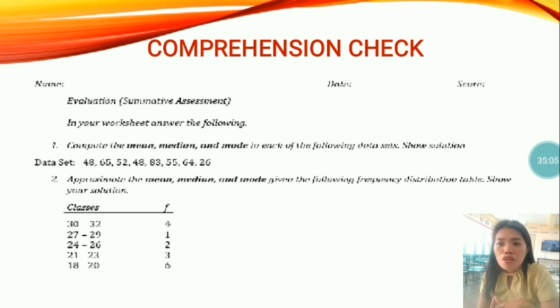So you have 30 to 32, 27 to 29, 24 to 26, 21 to 23, 18 to 20. And for the frequency column, you have 4, 1, 2, 3, and 6.